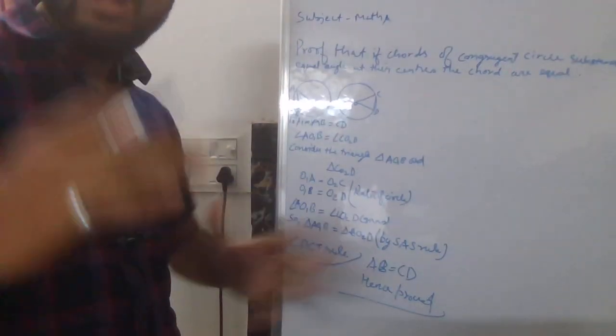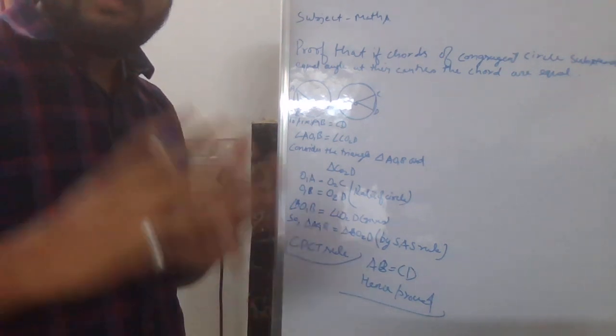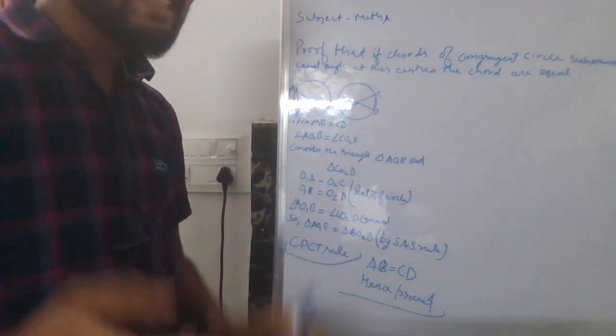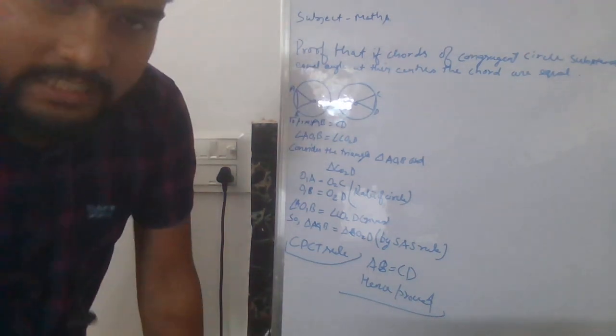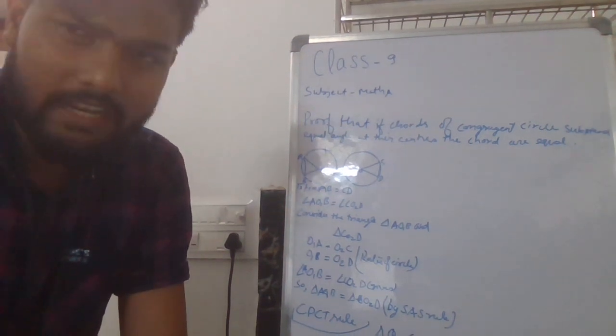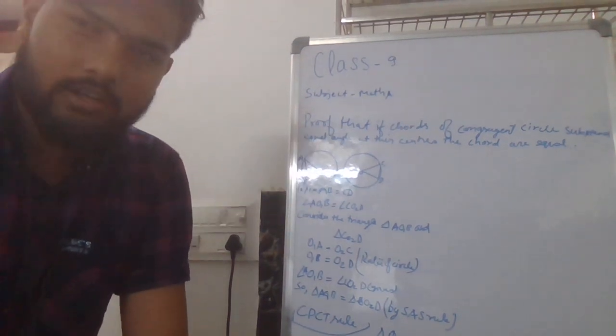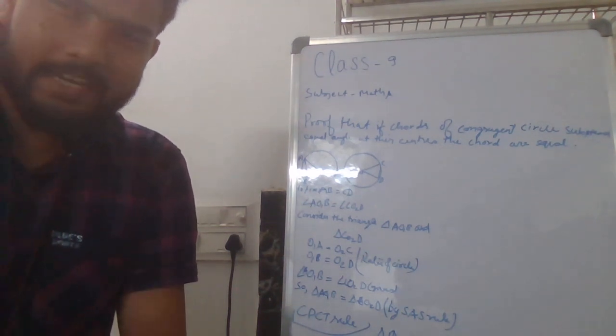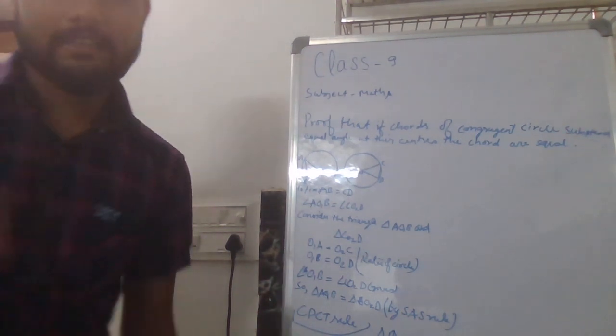Okay, so I have one statement for you. Now you have to tell me which statement is true or which statement is false, or either both statements are true. Okay, so first statement is that equal chords of a circle subtend equal angles at the center, or second one is that equal chords of a circle subtend unequal angles at the center.